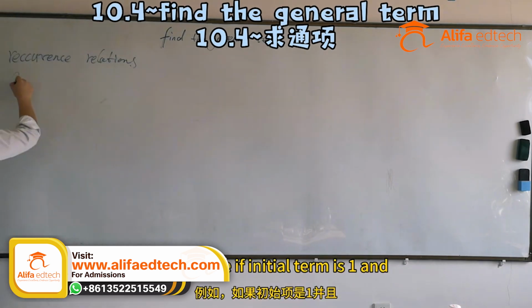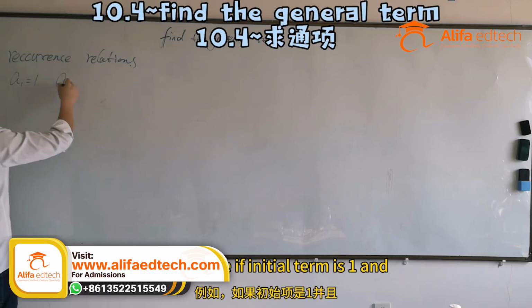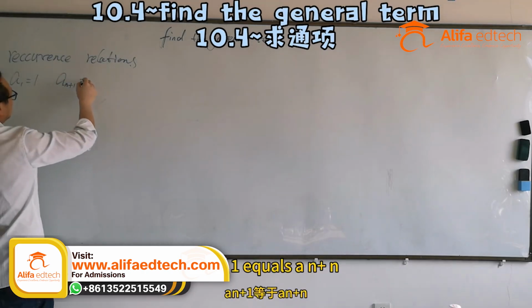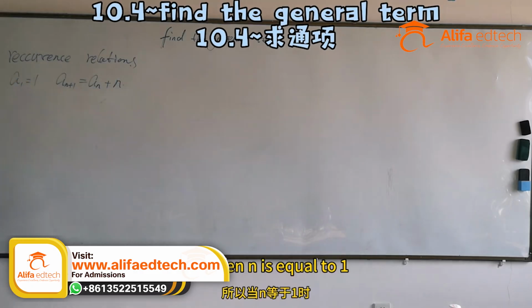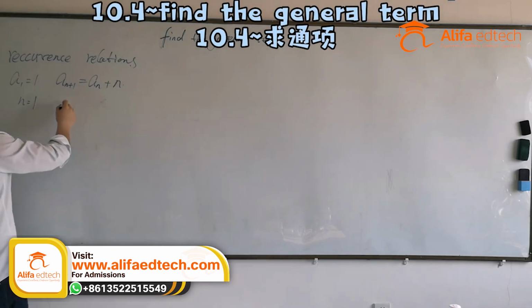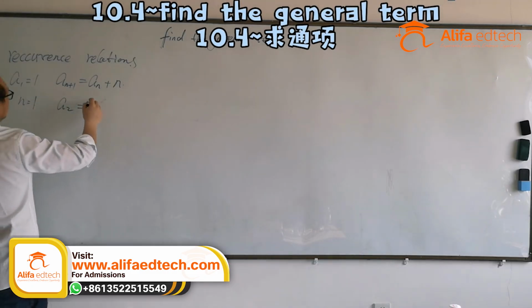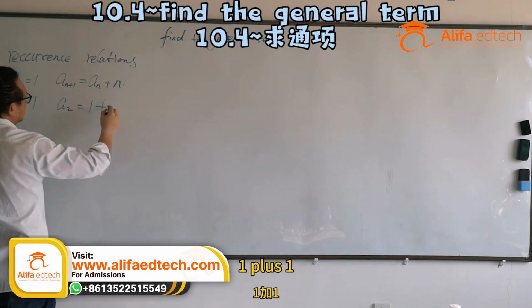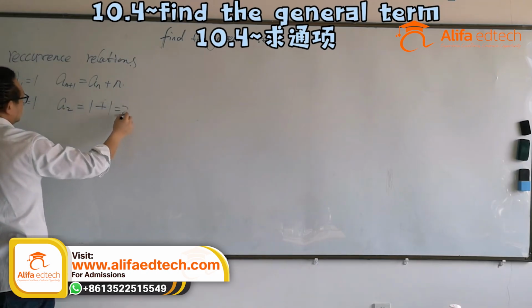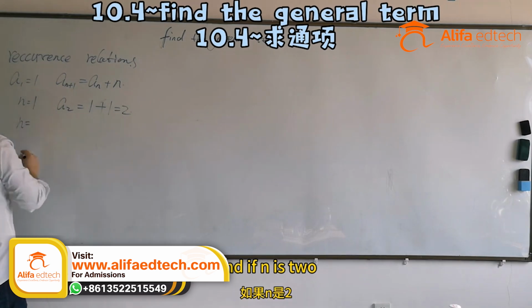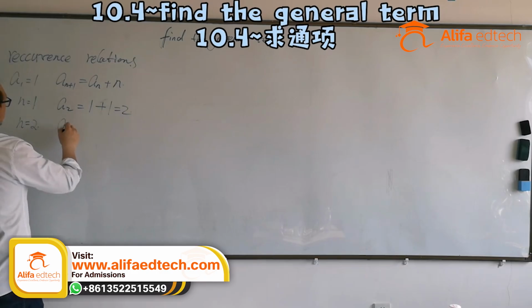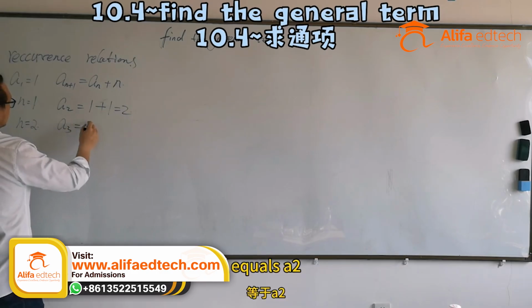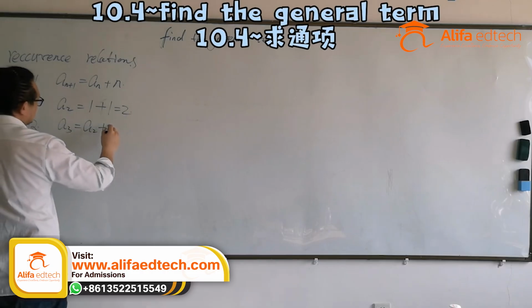For example, if the initial term is 1 and a(n+1) equals a(n) plus n. So when n is equal to 1, a2 equals 1. And if n is 2, a3 equals a2 plus 2.